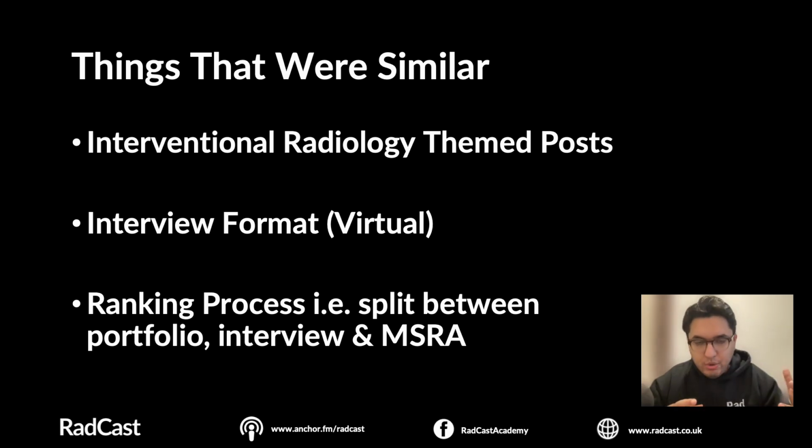The training program then goes, okay, how many of you are in that category? Okay, we've got 3. So that means as a minimum, we should anticipate that all 3 of these candidates will think of doing IR. So let's make sure that when it comes to their ST4 and above, the specialist years of their training, we have enough IR themed posts so that we can facilitate these trainees.